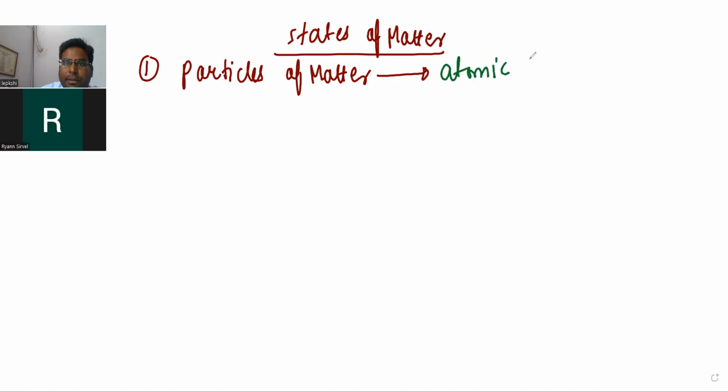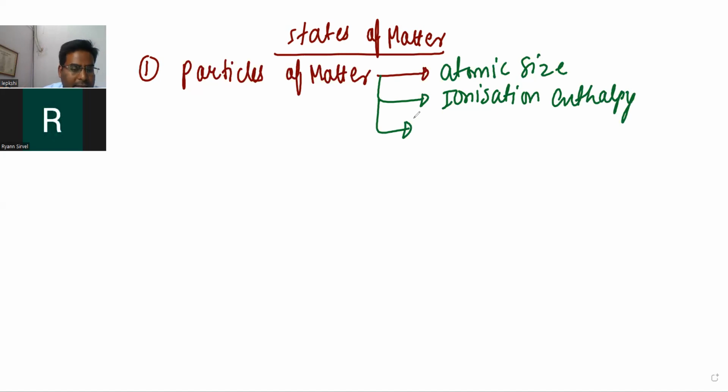Atomic size. Next one is ionization potential, or enthalpy. Next one is electronic charge density.